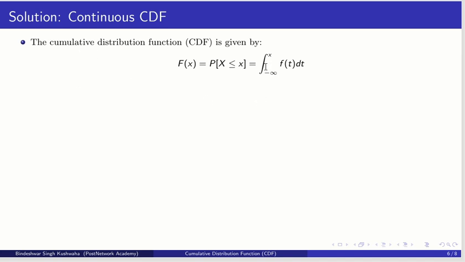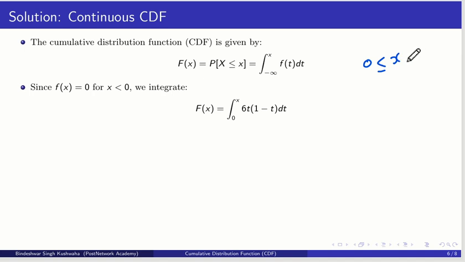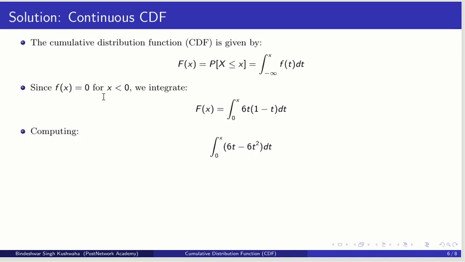Remember, here we will use 0 instead of minus infinity, because the limit was from 0 to 1. So the lower limit is 0 and the upper limit is x, and this is the density function.